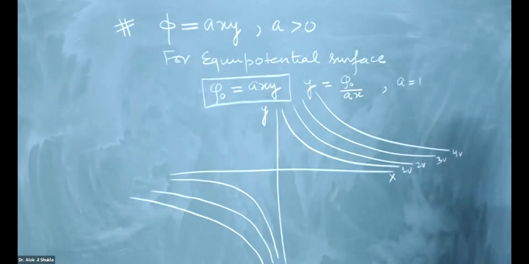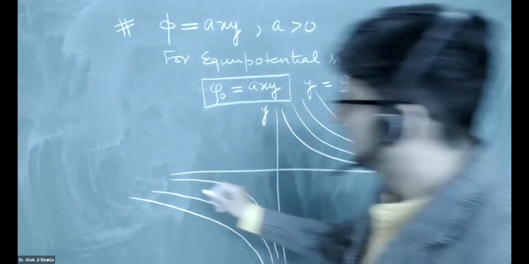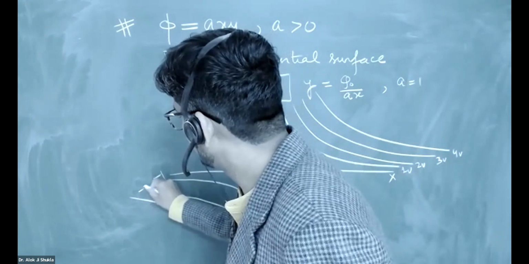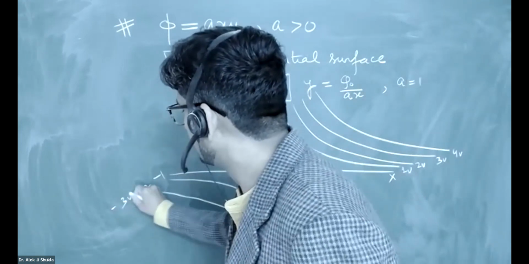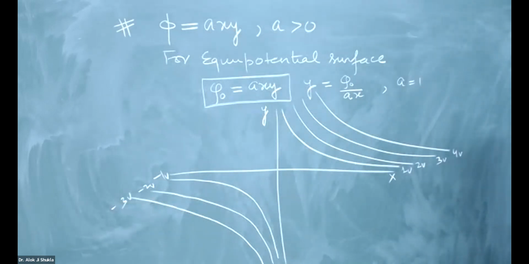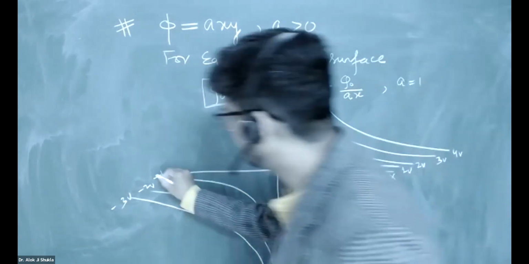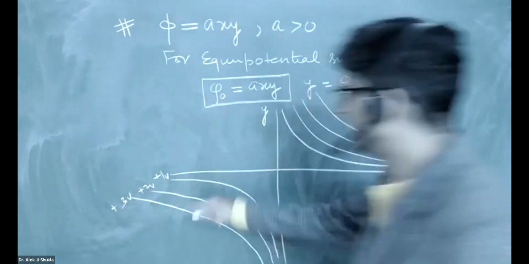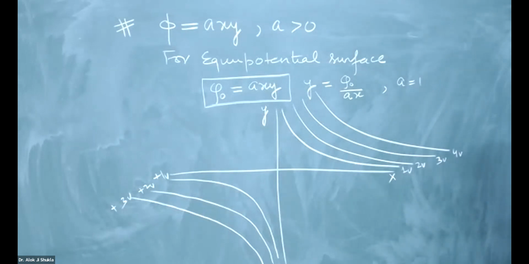So these are the values that you will get for -1, -2, -3 volts. I'm sorry, अभी positive potential ही है. X is negative. The value of X is I am taking to be negative. So for these potentials, you are getting this set of equipotential surfaces.